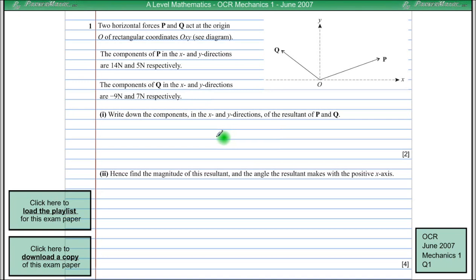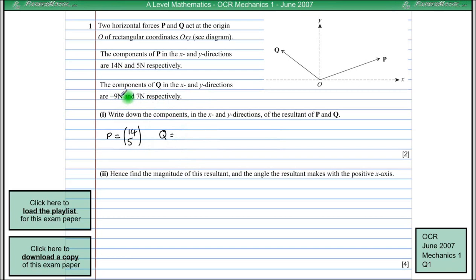The first thing I want to do is write down vectors that represent P and Q. So I'm going to say P is this vector here, so 14 newtons and 5 newtons in the x and y. So I'm going to write 14, 5. And Q is this vector here.